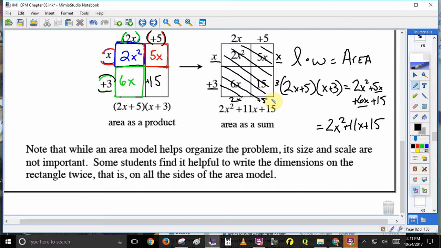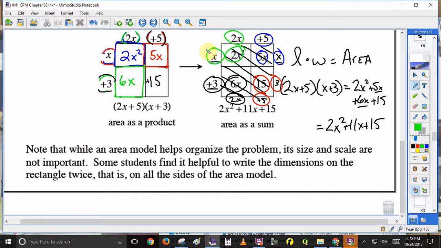So that's up to you. The advantage of that is you can see that this times this equals this. That times that equals that. So on and so forth. So if you want to do that, you can.